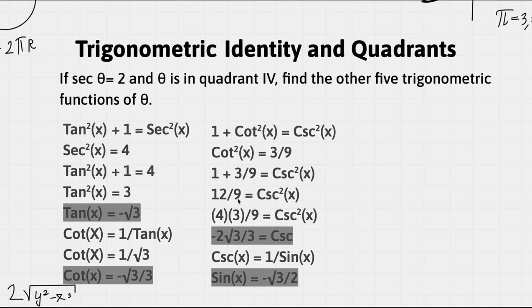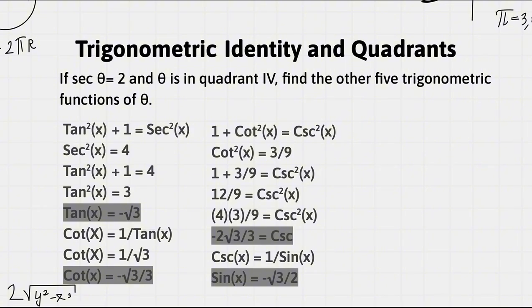When we do this, we get 12 over 9 equals cosecant squared. We can break this 12 up into 4 times 3, which makes it a little easier when we take the square root, and we get 2 square root 3 over 3. Again, it's negative because sine is always going to be negative in quadrant 4, so cosecant is going to be negative also.